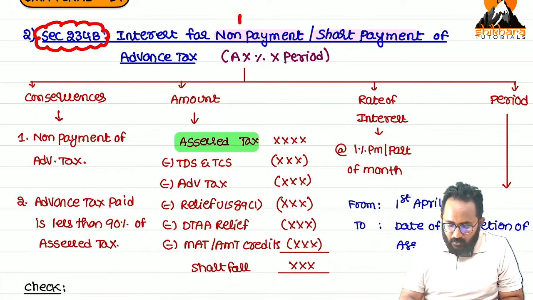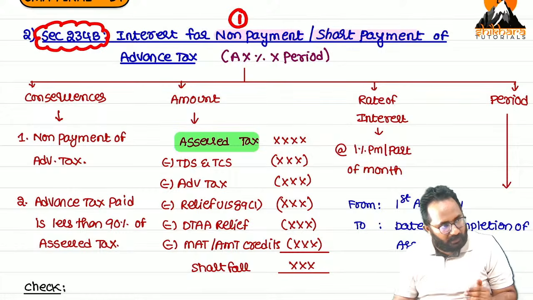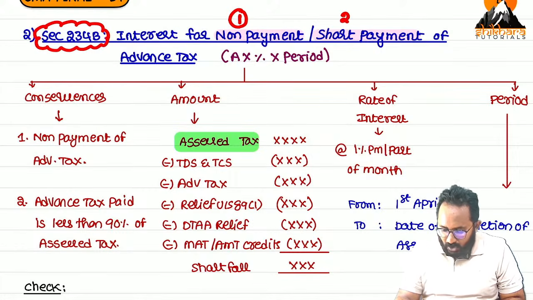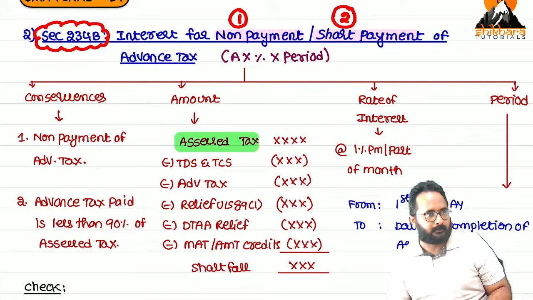One is what, non-payment of advance tax. Second one is what? Short payment of advance tax.